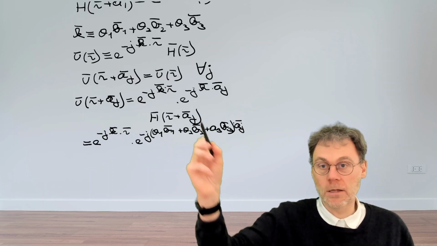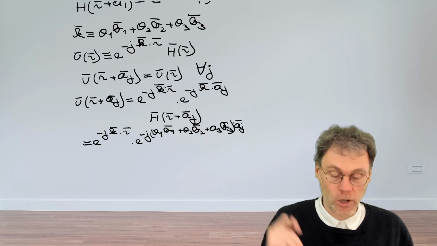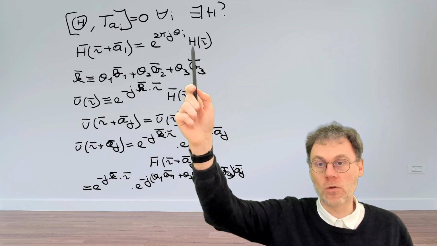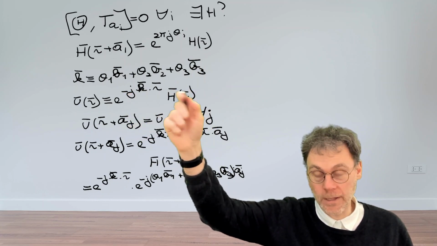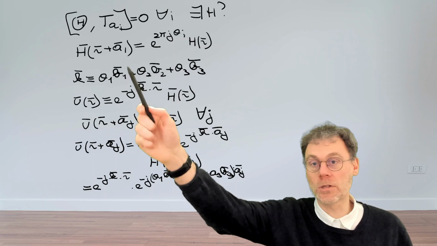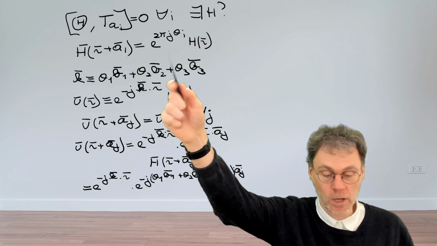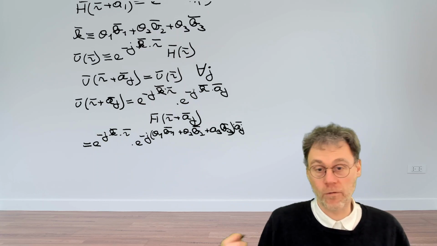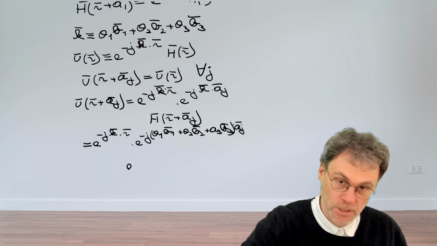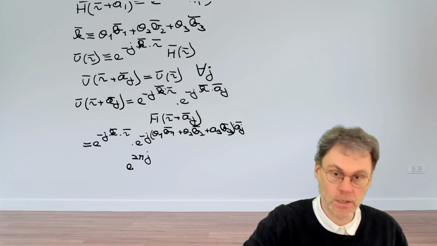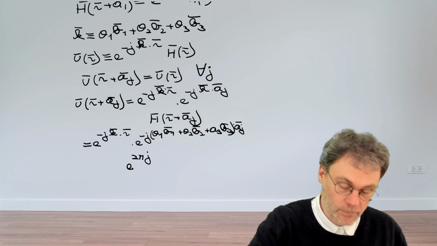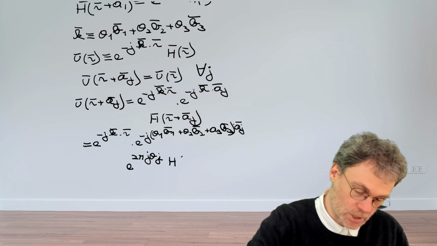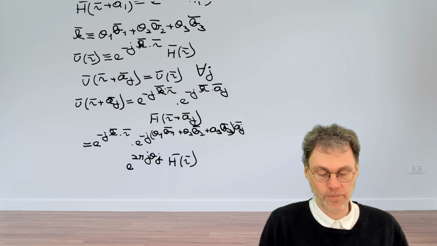And then if you look at the third term we had here, H of r plus a_j, well, because this H is also an eigenfunction of that operator, we can just copy and paste this thing over there, replacing i with j, just to say that H of r plus a_j then becomes exponential 2 pi j theta_j times H of r.